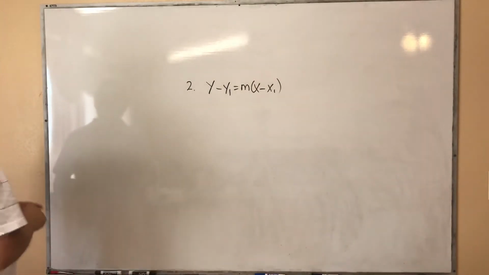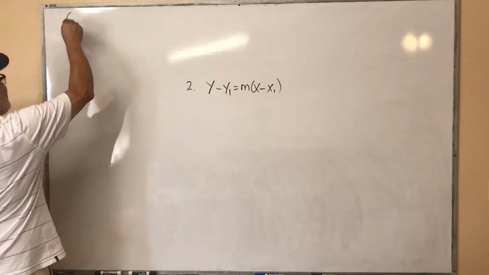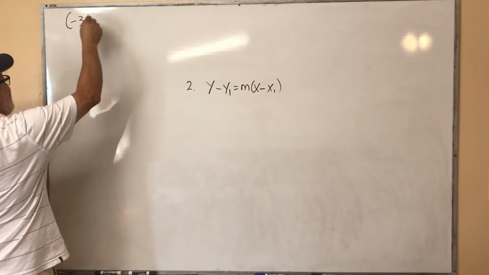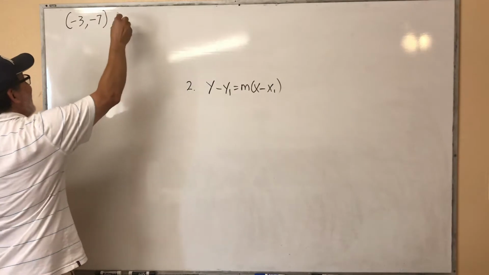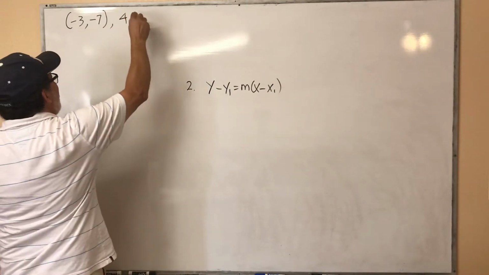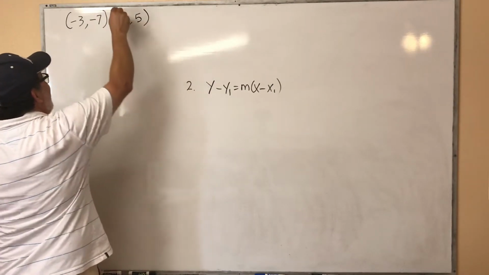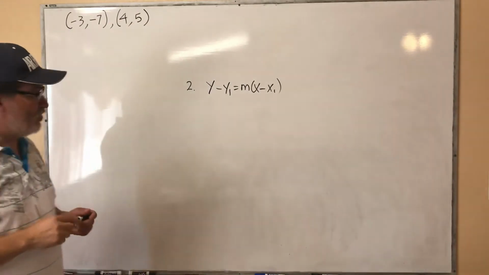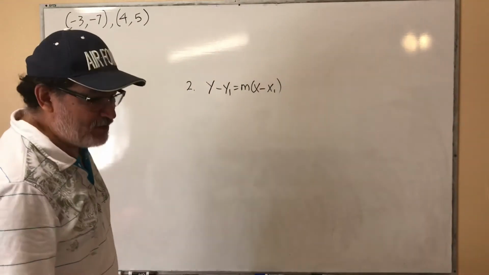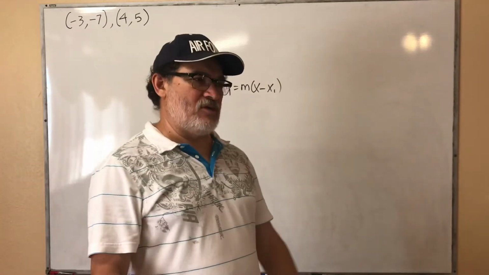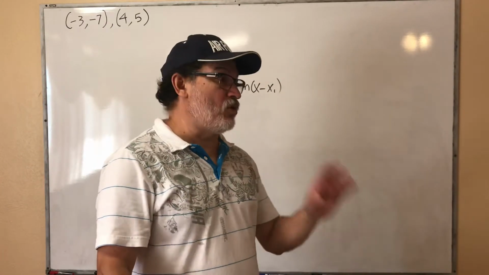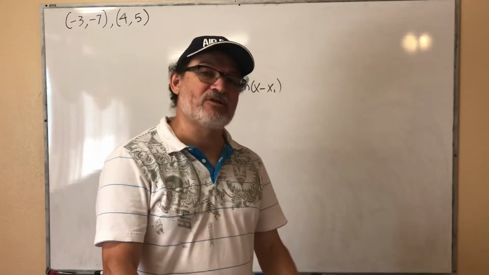Let me give you, for example, (-3, -7) and (4, 5). You can graph those 2 points if you want to and pass a line through them. And you have the graph. But you do not have the equation.